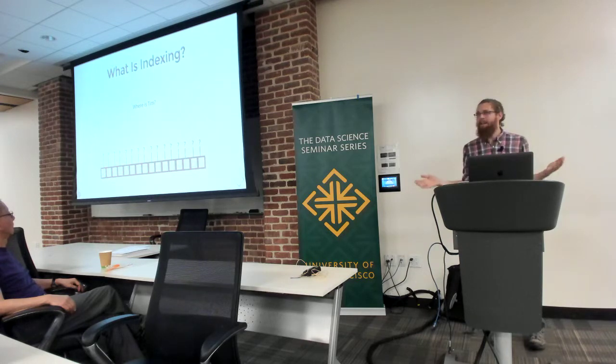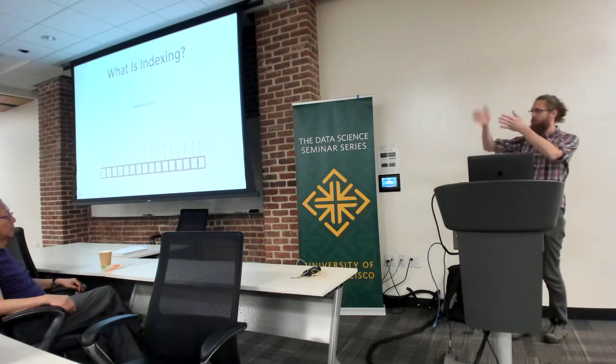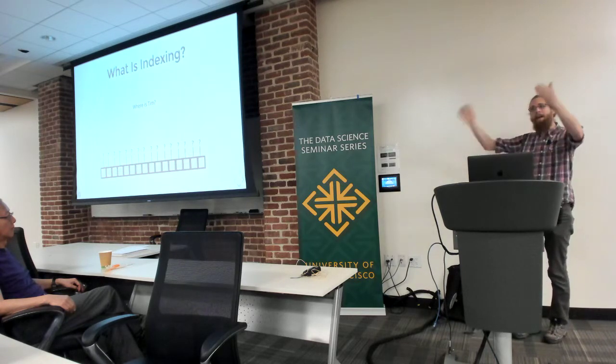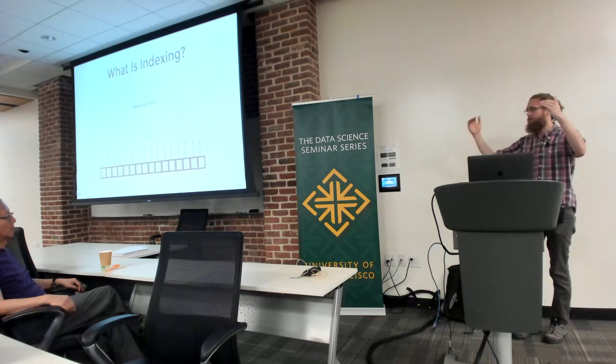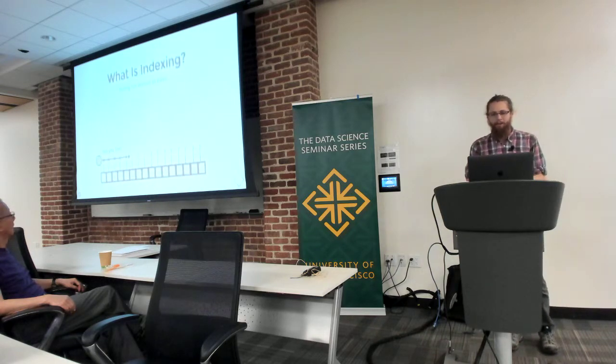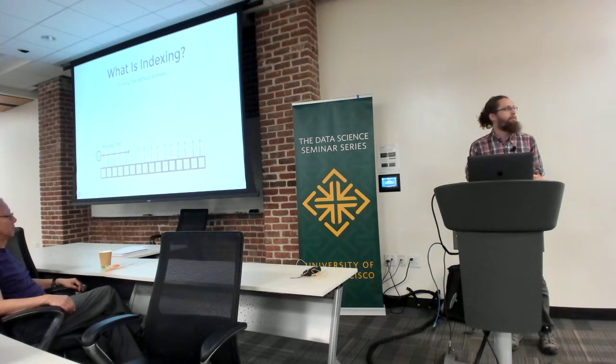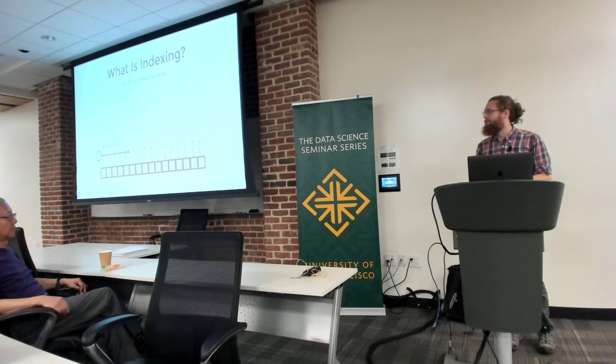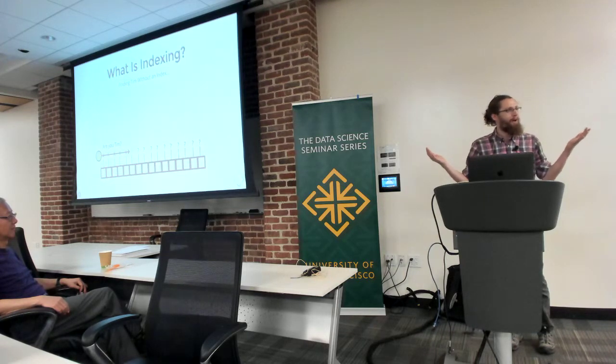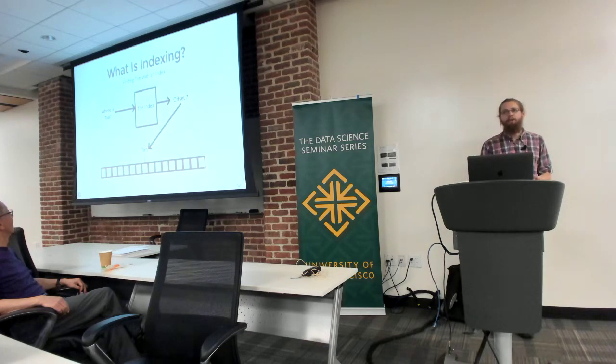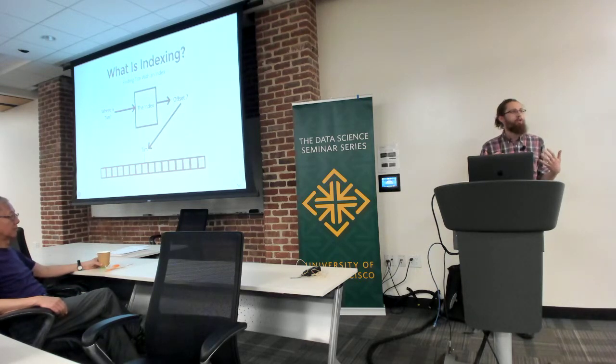If I don't have any indexing structure, the best thing that I can possibly do in this unstructured data is look through every single one of my 100 million rows and say, hey, did this one match the name Tim? What about this one? What about this one? And you can imagine this strategy is untenable as soon as you have any kind of realistically sized data, which as data scientists, I hope you're familiar with, having lots of data, right? So an index is a way to build a secondary data structure separate from the database itself that makes it easier for us to quickly answer the question, hey, where's Tim?